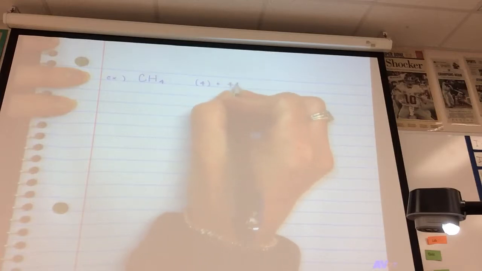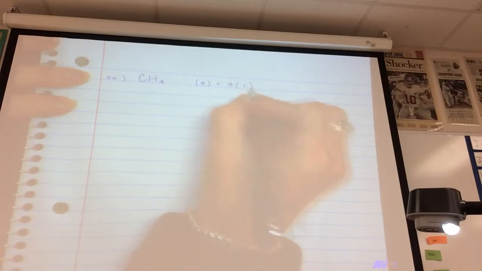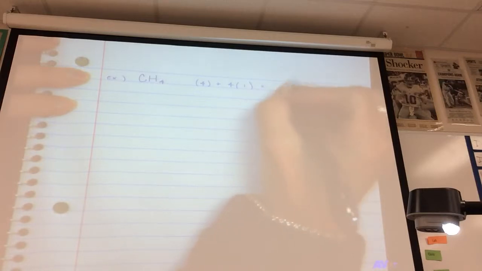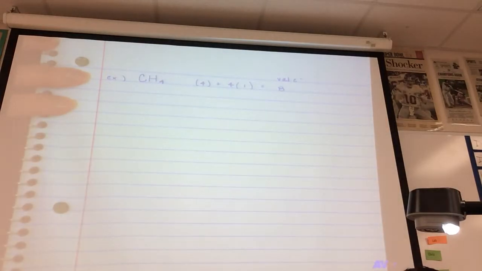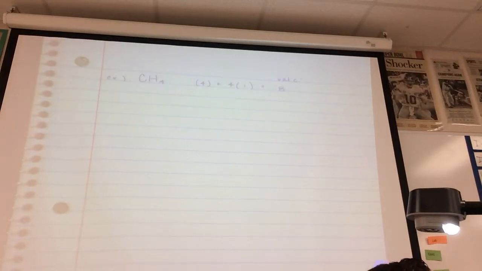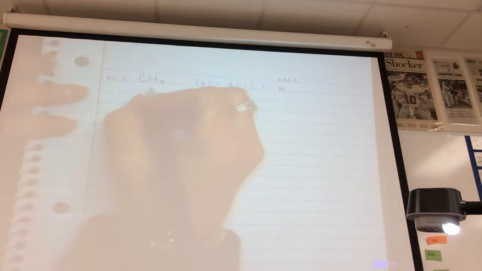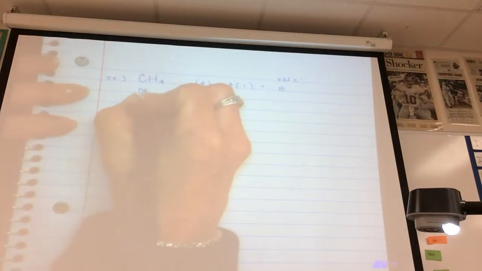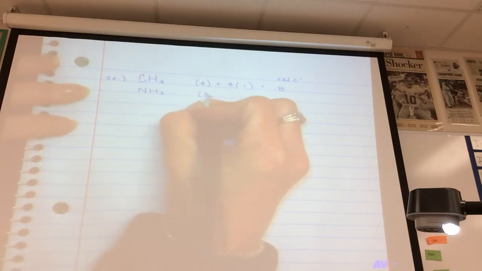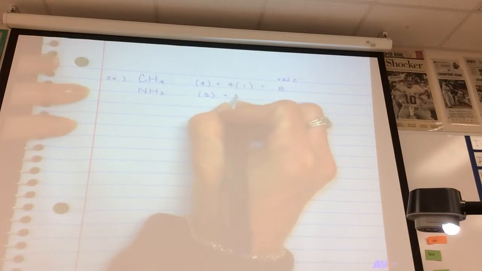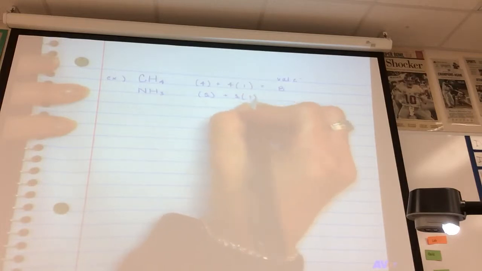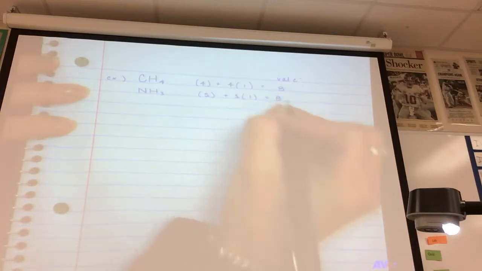You have 4 hydrogens, each with 1 valence electron. Total number of valence electrons in that compound would be 8. Let's say, for example, you had ammonia, NH3. Nitrogen has 5 valence electrons. Hydrogen, you have 3 of them, each with 1. Total of 8.